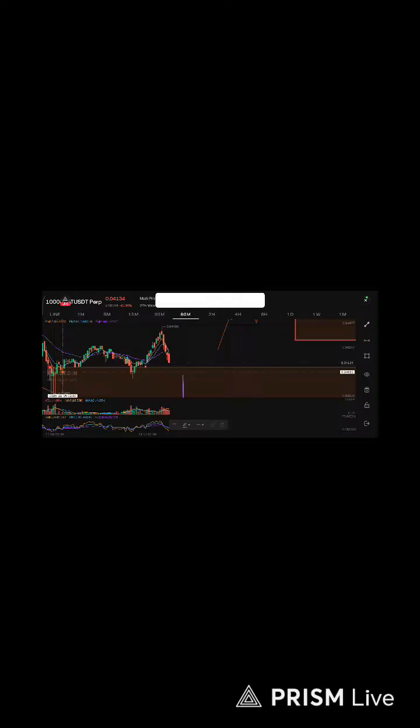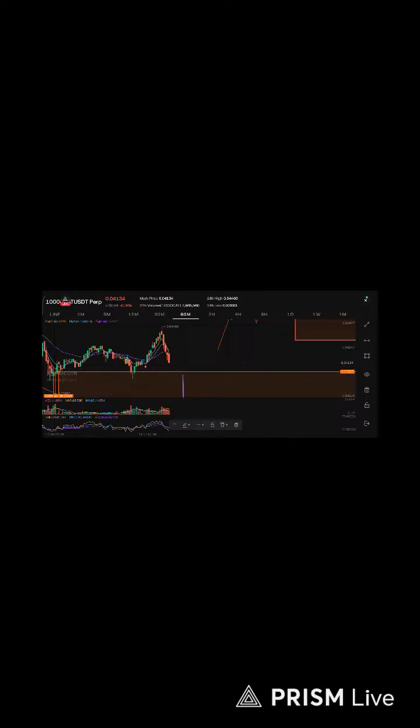The sellers are trying their best to push the market downward. Well, the buyers are also trying their best to push it upward. So the small doji that is formed here gives you a sign of what?